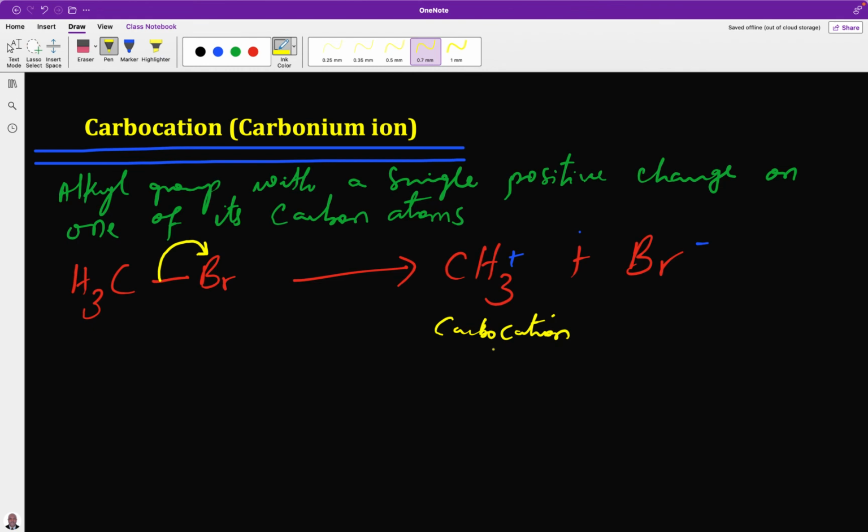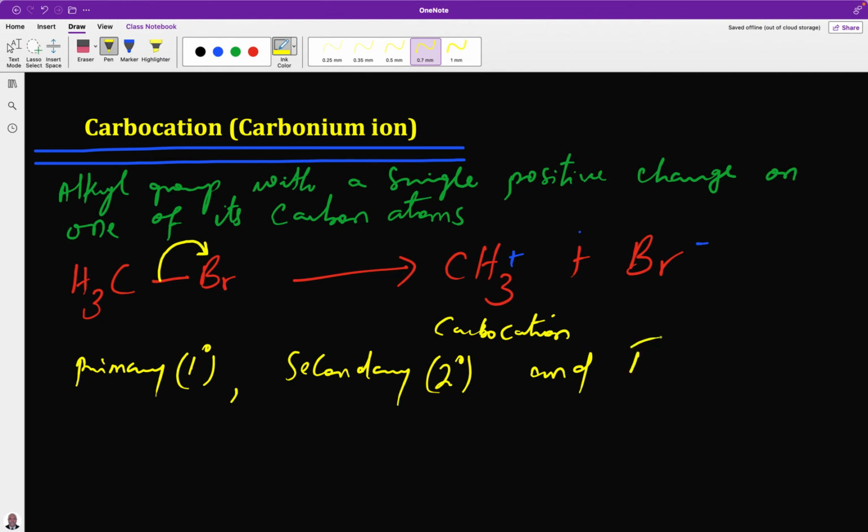Of course, there are three types of carbocations. We call them the primary, secondary, and tertiary carbocations.